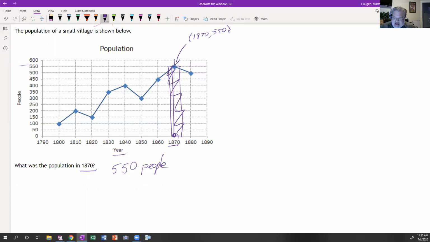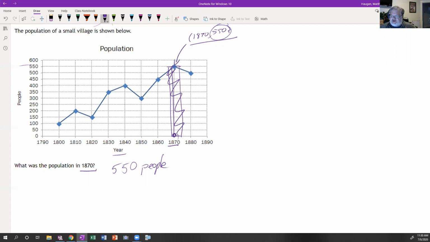But are we being asked for that pair? If we're being asked for the population, we're just being asked for that value for y. Fair? So don't let the data coming in these kind of line graphs throw you off. It really is the same kind of information.